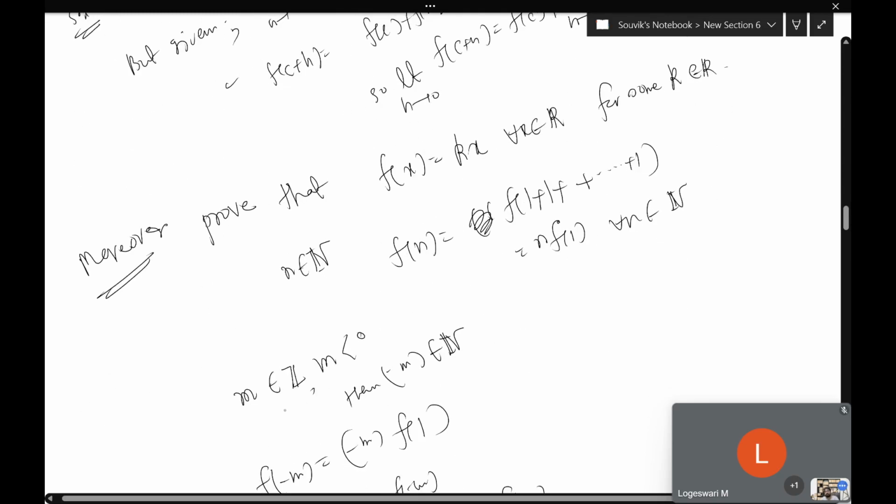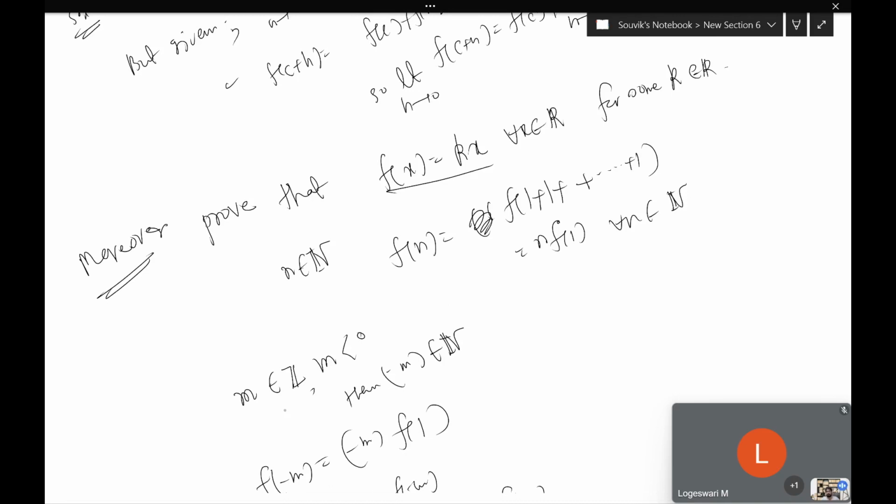Moreover, we need to show that this function f(x) will look like kx. So how to do it?